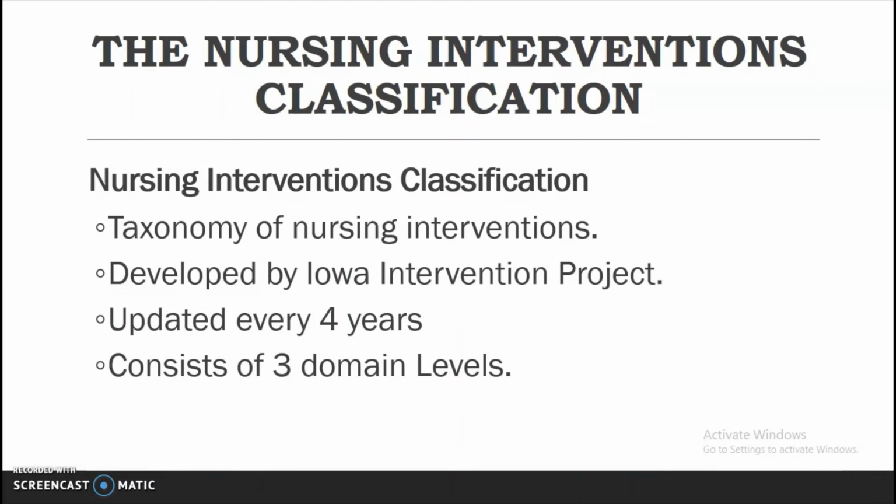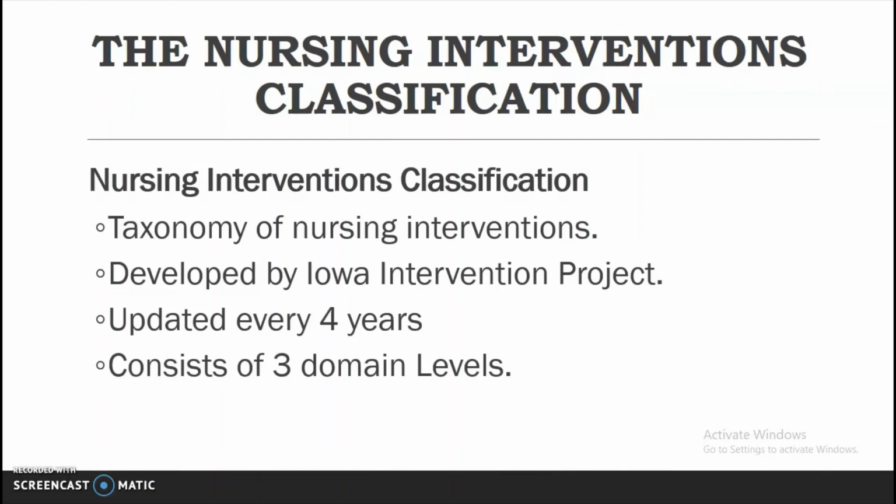Again, to give a summary of the nursing phase, because this is our last slide. Okay, the nursing process, third phase is your planning phase. The planning phase consists of four activities. Number one is setting priorities. Second is creating your desired goals or outcomes. Then selecting your nursing interventions, and the last one is the development of your nursing care plan.